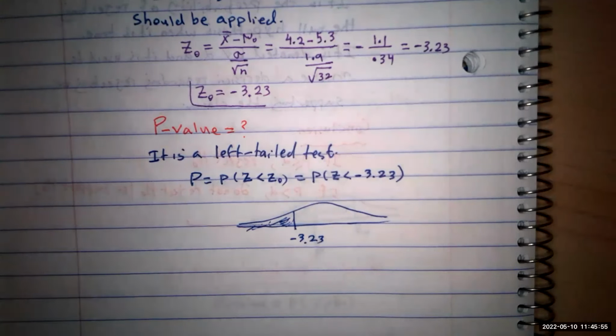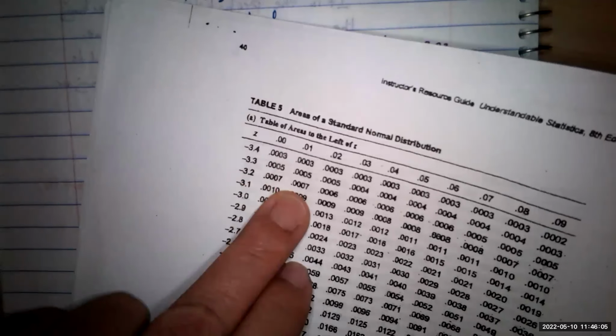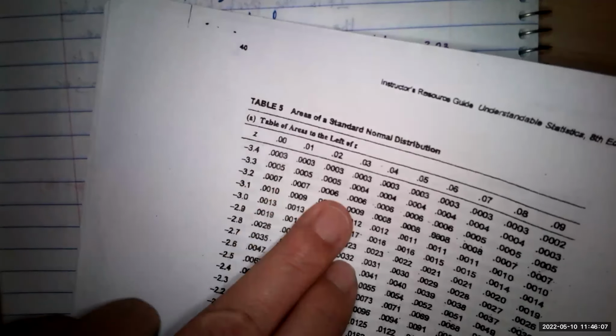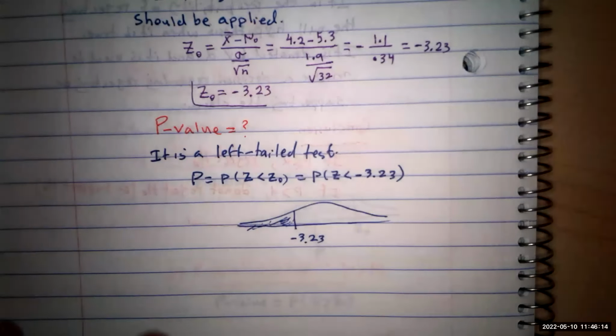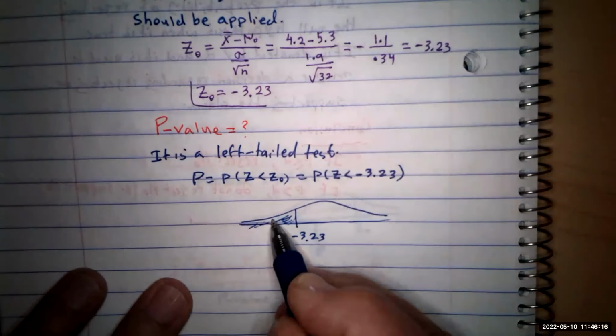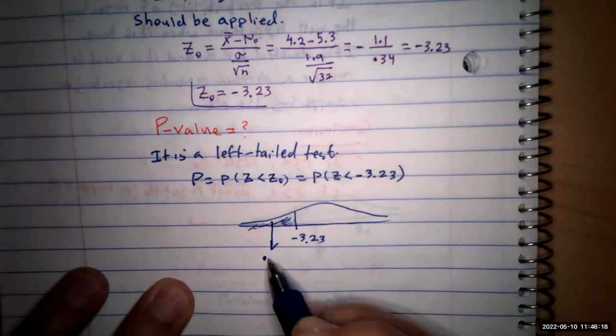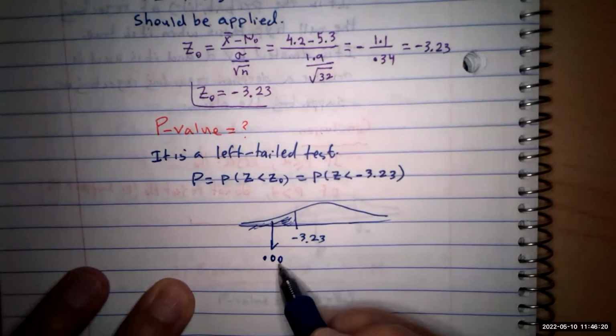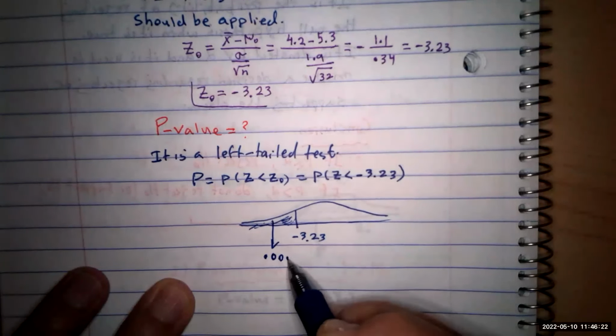That is negative 3.2 and then 3, so it's 0.0006.